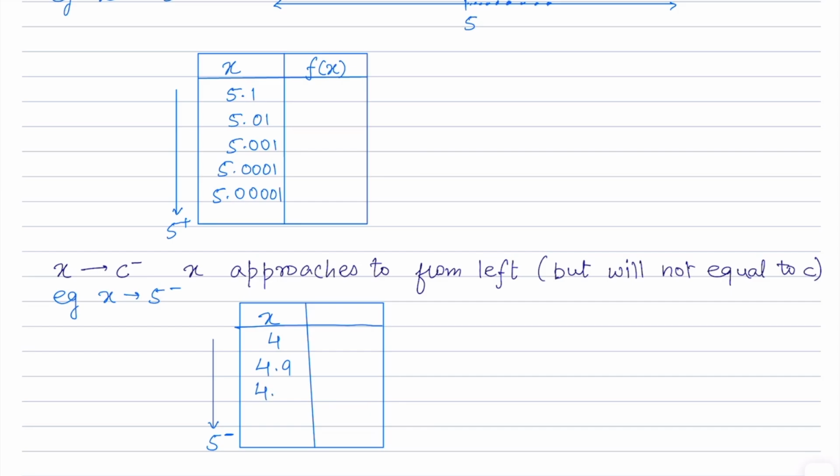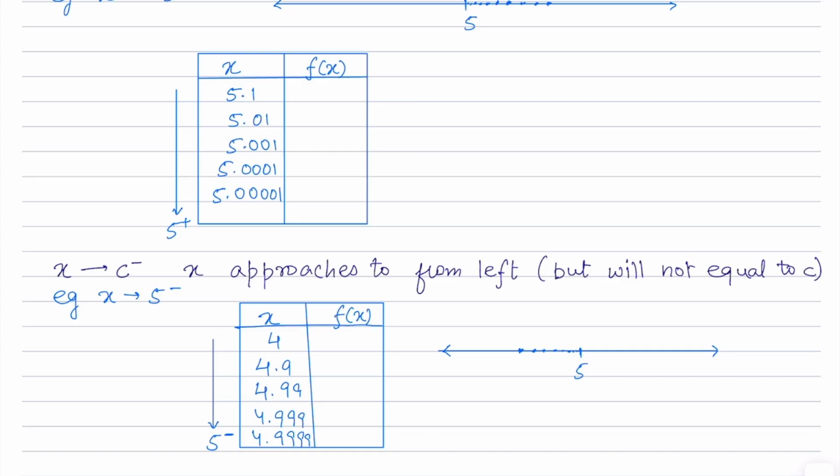So we are moving close and close to 5, and we will see how our f(x) is changing. So this means we are moving close and close to 5 from left hand side. So here is our 5. We are moving close and close to 5 but not 5.